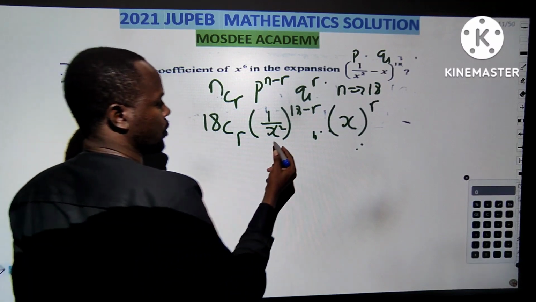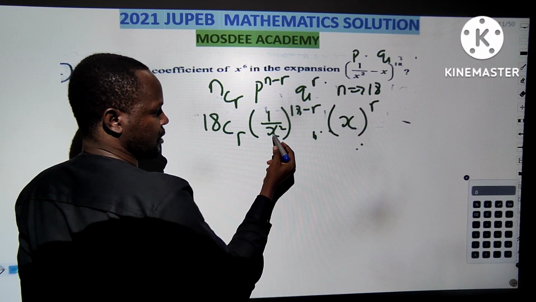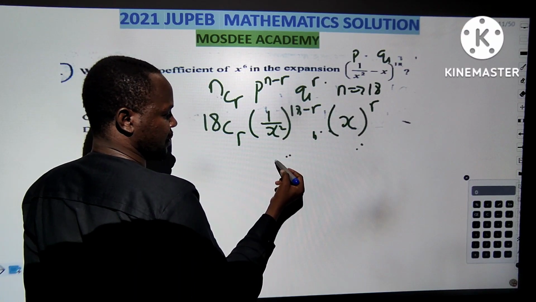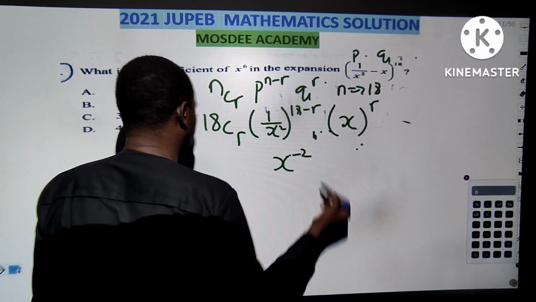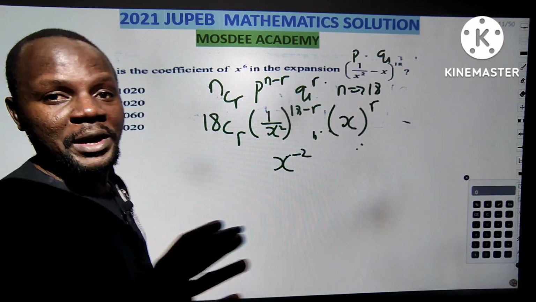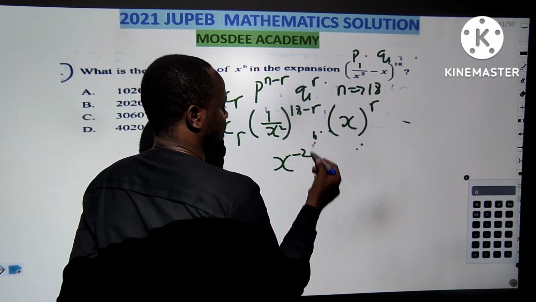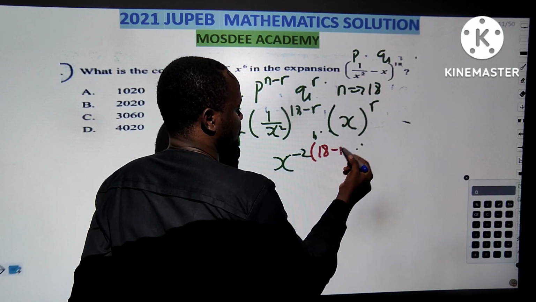Look at the logic we use here: 1 over x squared is the same as x raised to power minus 2. I hope you guys still remember indices: 1 over a is a raised to power minus 1. So now we have x raised to power minus 2 into bracket 18 minus r.